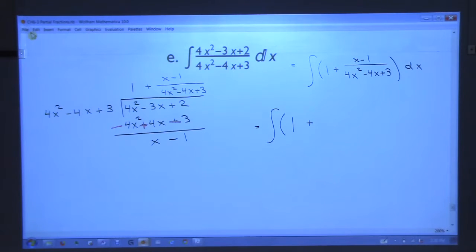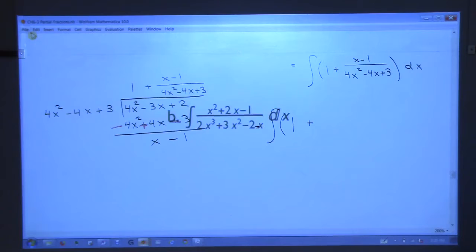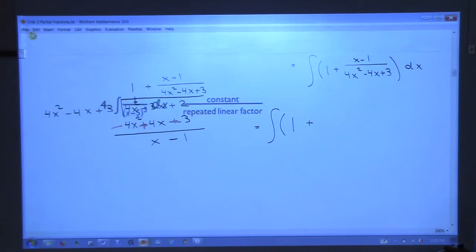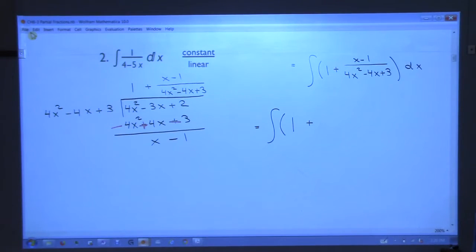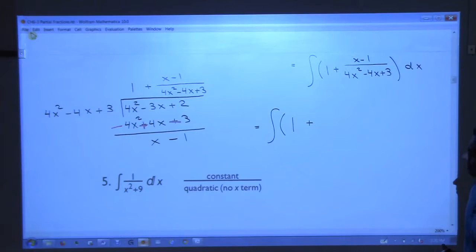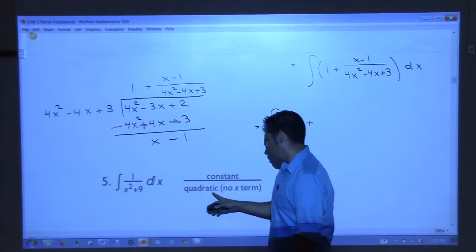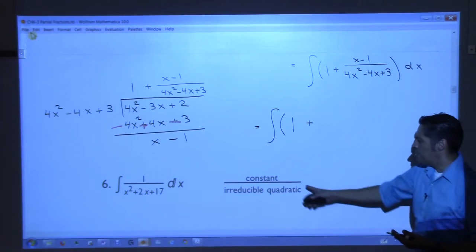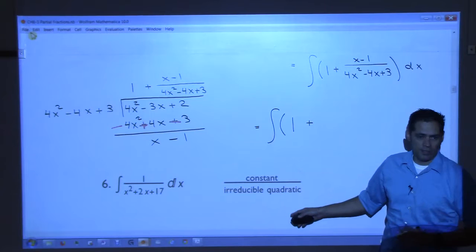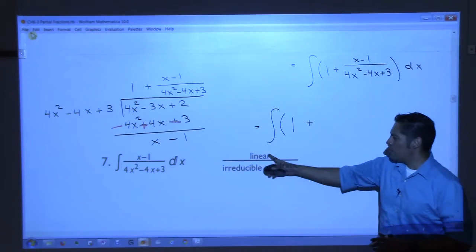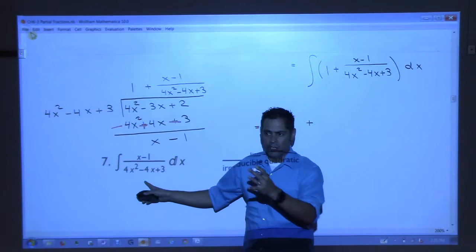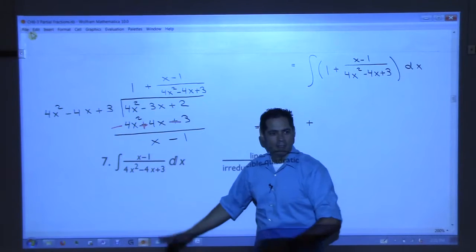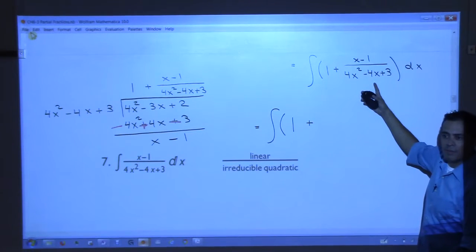You have to scroll back up, and now you can have a little more appreciation for this stuff over here. Constant over a quadratic with no x term, formula. Constant over irreducible quadratic, complete the square. Linear over irreducible quadratic, magic. That's the problem.